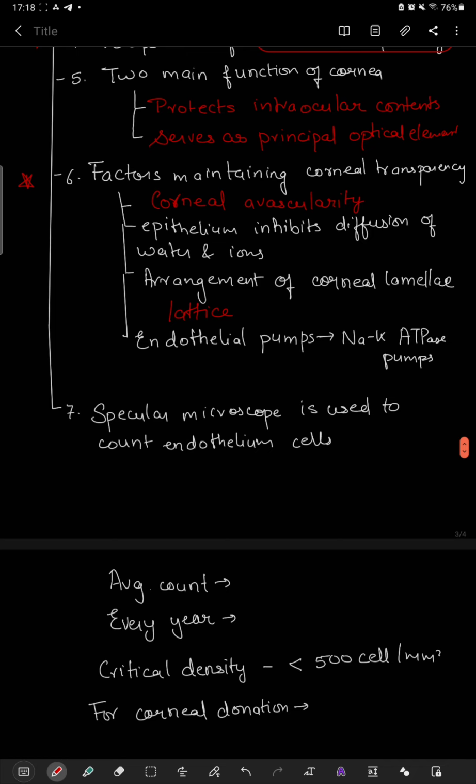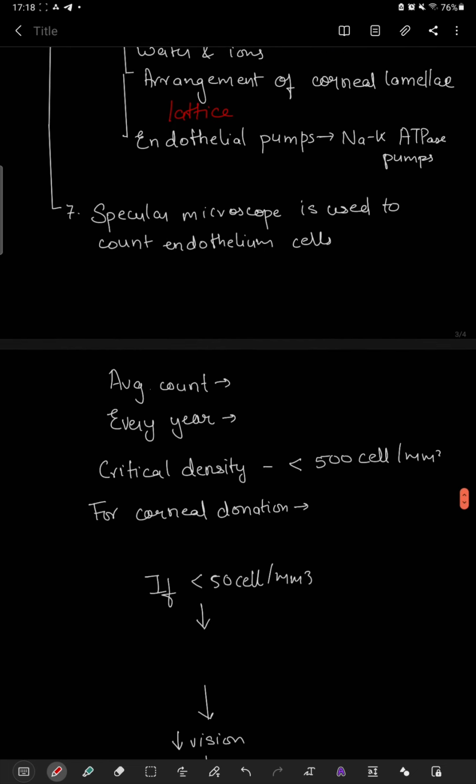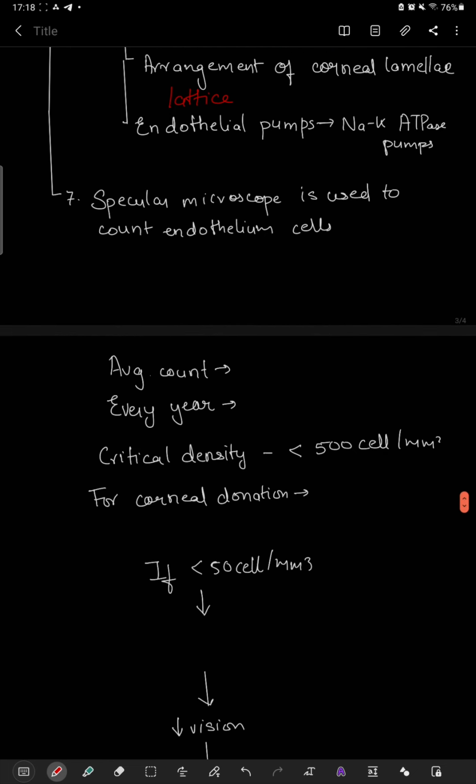Then a special type of microscope, the specular microscope, is used to count the endothelial cells. Now talking about the average count of endothelial cells, on an average 3000 cells per millimeter square are there. Every year there is a loss of 0.5% in the cells.